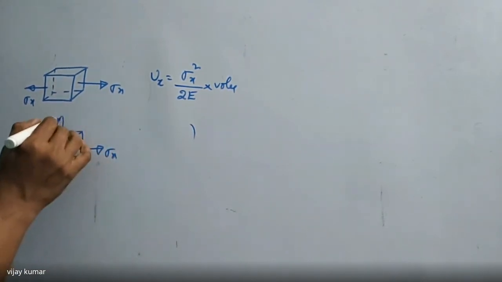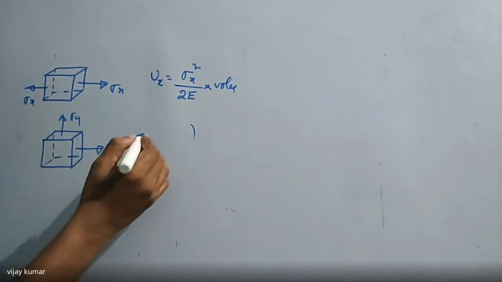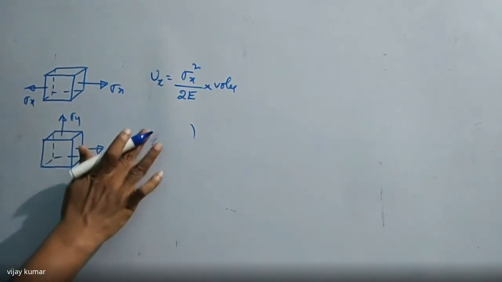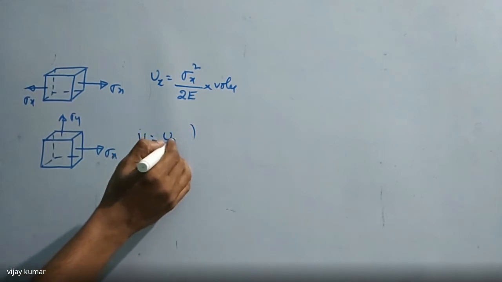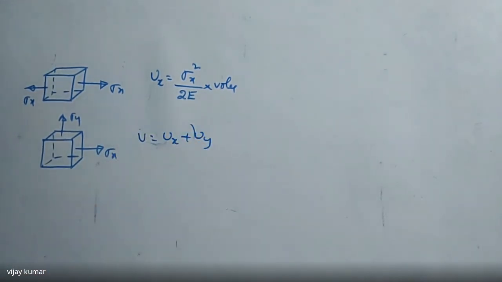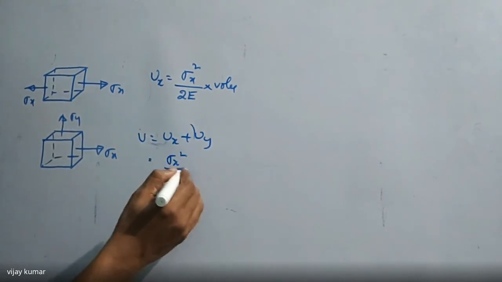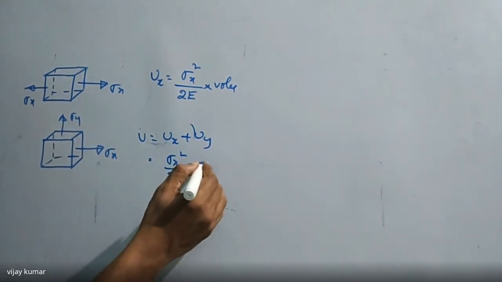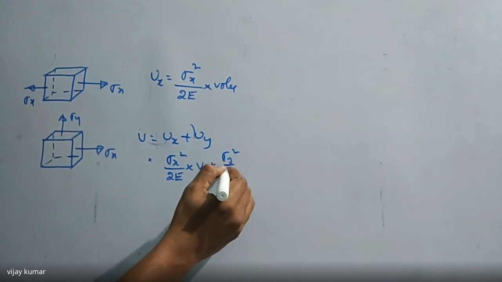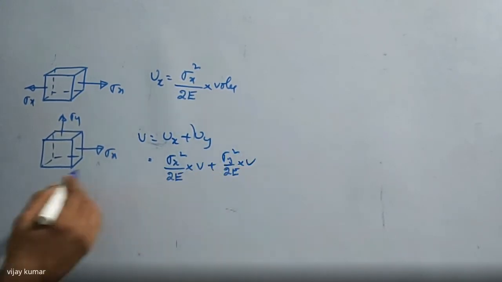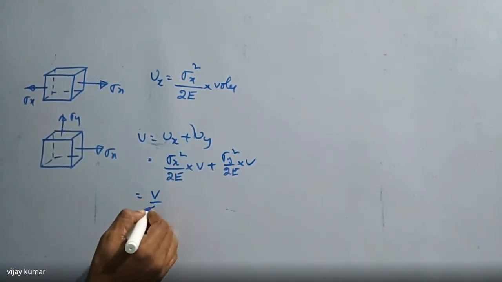In case of a two-dimensional state of stress, I'm taking here σx, here σy. Then I'm writing the total strain energy U is equal to Ux plus Uy. Ux is nothing but σx² by 2E into volume plus σy² divided by 2E into volume. The volumes in both are the same, so V by 2E is common.